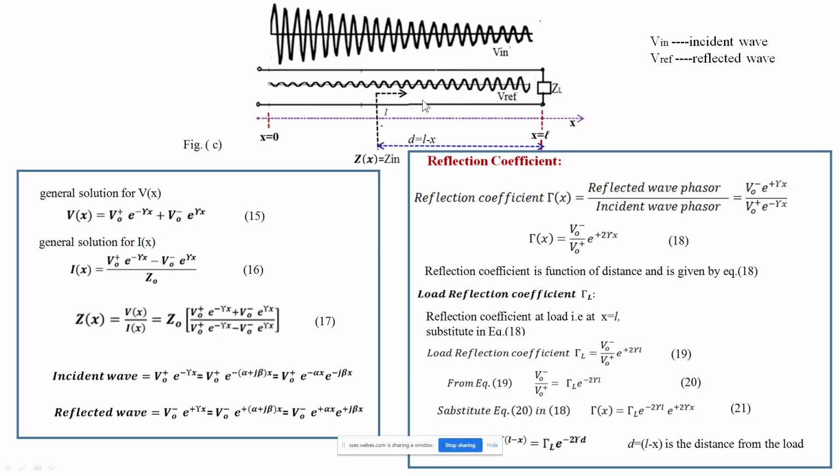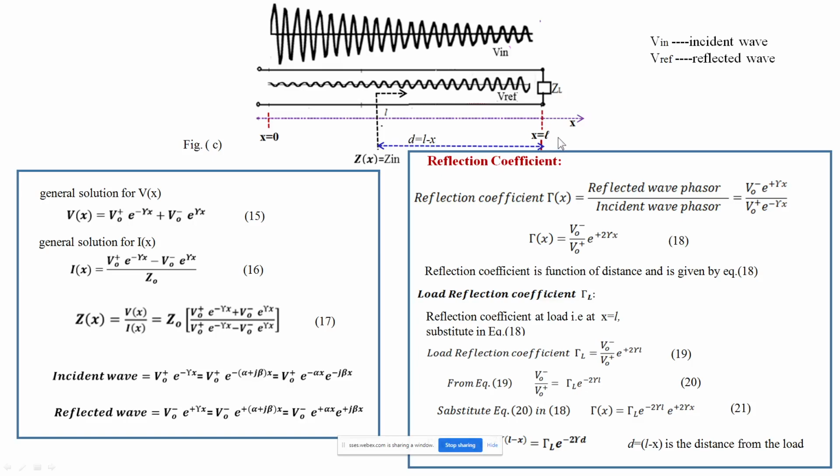So x equal to 0 is where the source is. As we move, the distance increases, and it is equal to L at the load position, x equal to L.